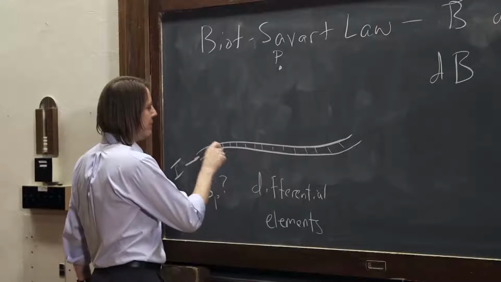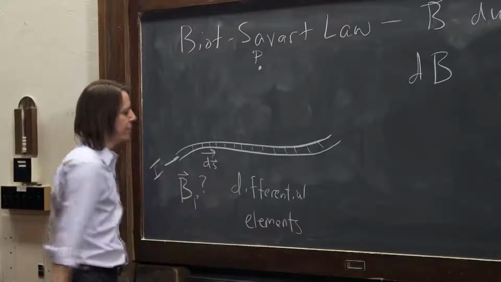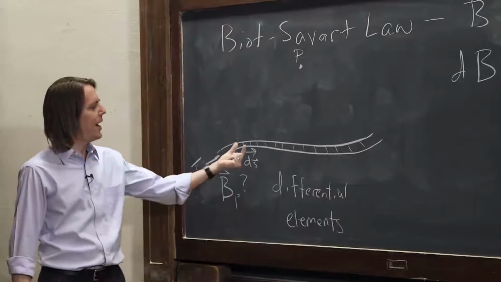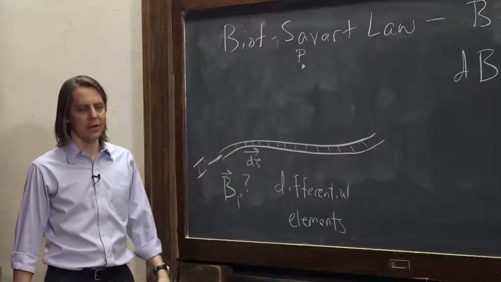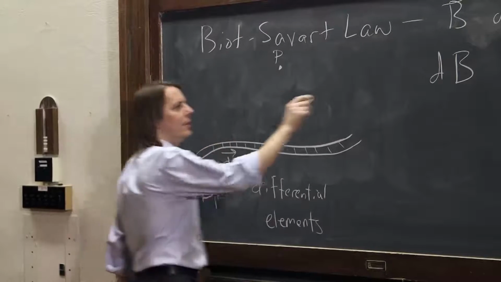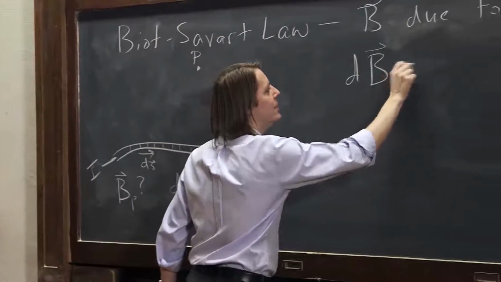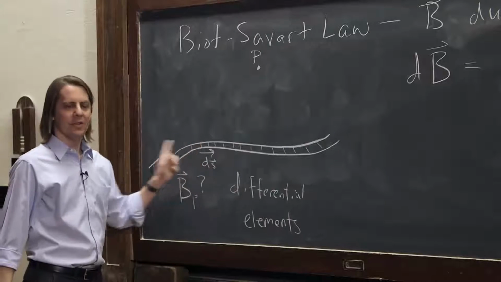So one might be sitting here, and we give them a little vector differential ds. That just means the path. That's really the length along the direction of the wire, ds. And we want to know what differential magnetic field dB is created by this little differential element ds, and then we add them up for the whole wire.